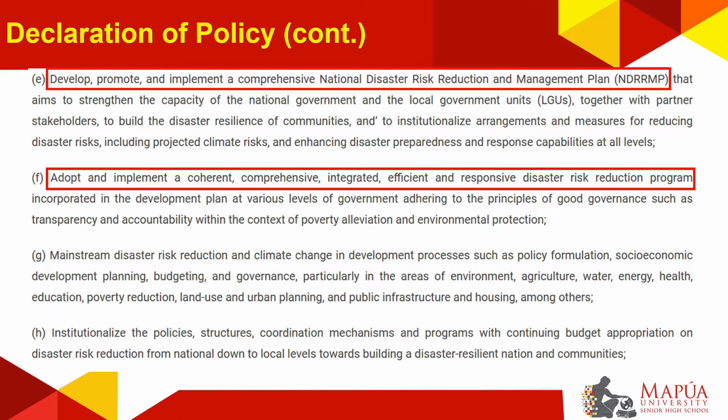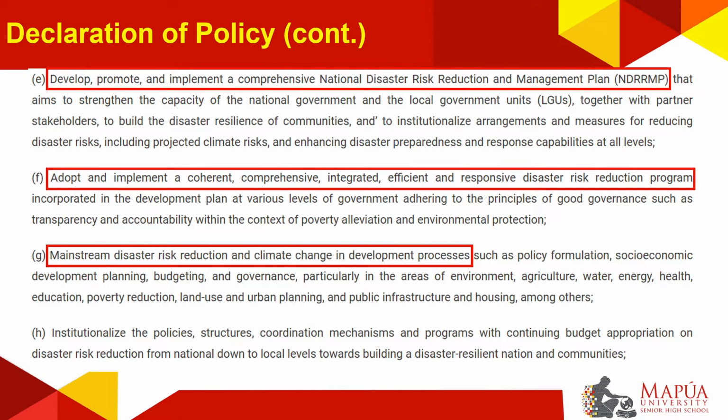Letter G in Section 2 states to mainstream disaster risk reduction and climate change in development processes, such as policy formulation, socioeconomic development, planning, budgeting, and governance, particularly in the areas of environment, agriculture, water, energy, health, education, poverty reduction, land use and urban planning, and public infrastructure and housing, among others.